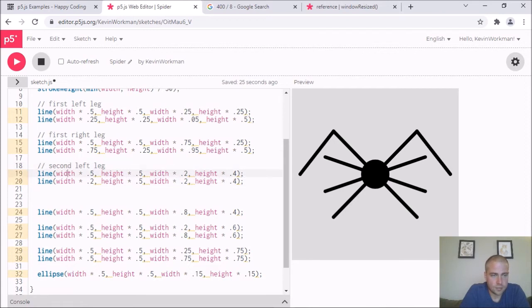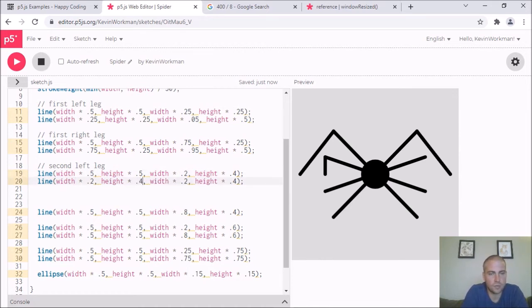So I've got my first line. I could just hit play and see what's broken. Okay, my leg has the right start point but the wrong end point. Actually, it doesn't have the right start point. I've got width times 0.2 and height times 0.4, width times 0.2 and height times 0.5, which is what's putting it down there.